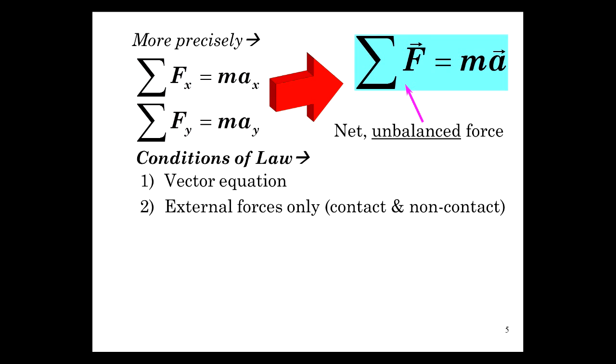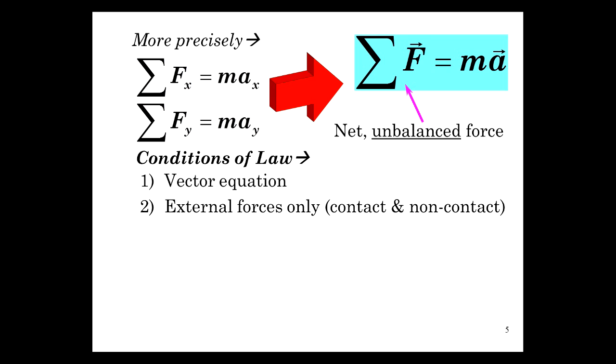Internal contact forces. If I stick an explosive device inside this object and blow it apart, okay, I'll probably do that. But still, that won't say anything about the acceleration of the object, because all those forces, action-reaction pairs, oops, I'm getting ahead of myself, are equal and opposite. They cancel each other out in terms of any effect they have on the original object in the first place.